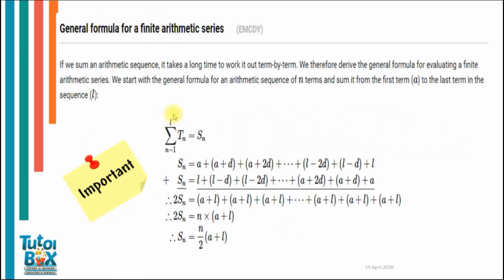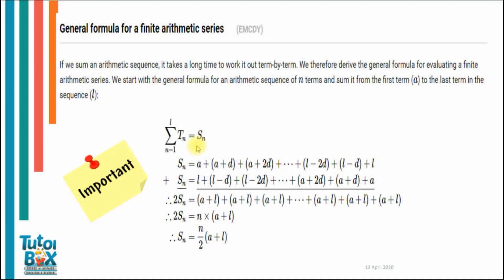So we have Sn, which will be equal to, the first term A. It's an arithmetic sequence, so the second term will be A plus D, because each term increases by D. The third term will be A plus 2D, and so on, all the way to L minus 2D, plus L minus D, plus the last term.